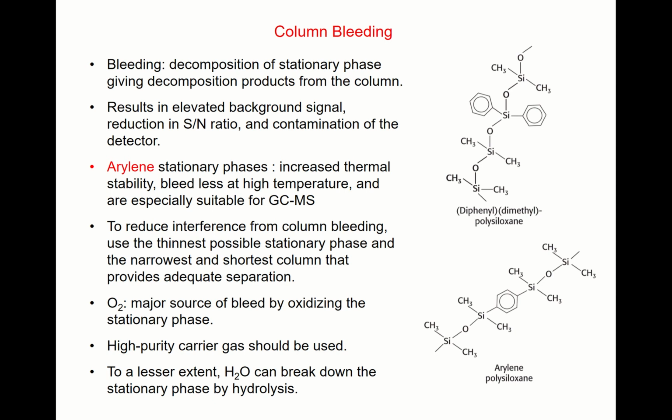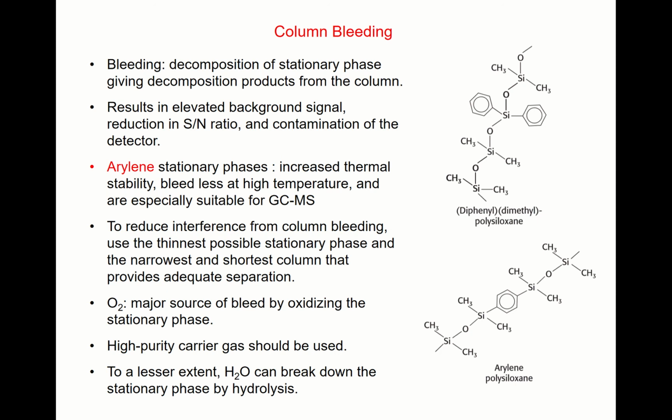Let's consider column bleeding first. Bleeding is the decomposition of stationary phase, giving decomposition products from the column. Let's imagine that you coated the inside of the column very thick.